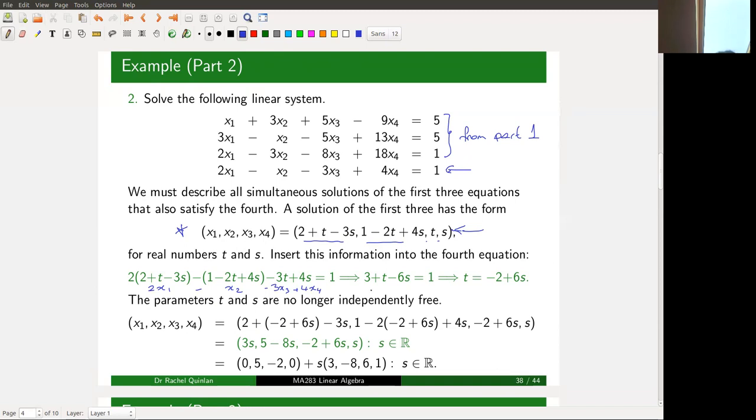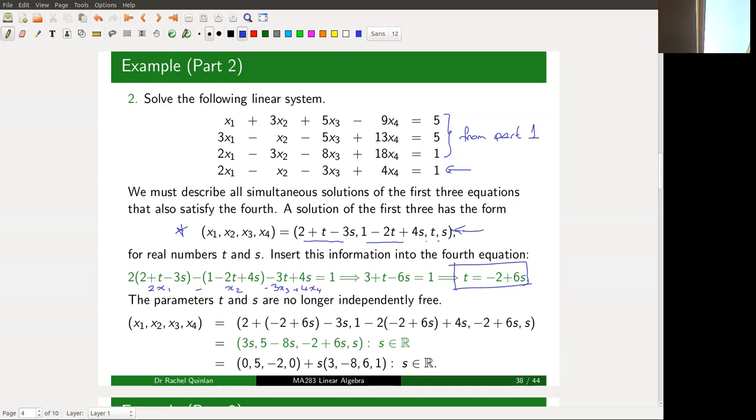Each of them can still assume any value, but they have to be related to each other by the fact that 3 plus t minus 6s equals 1, or equivalently, that t is equal to minus 2 plus 6s. So t and s are no longer independent. If we want a solution of all 4 of these equations, t must actually depend on s in this very explicit way. And we can rewrite our solution then in terms of just s, not t anymore.